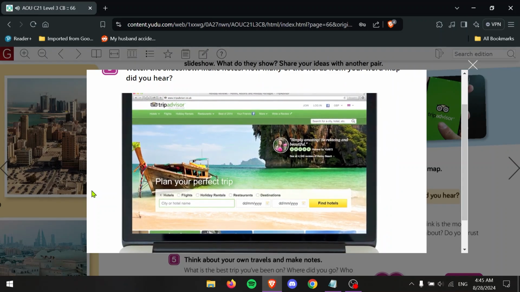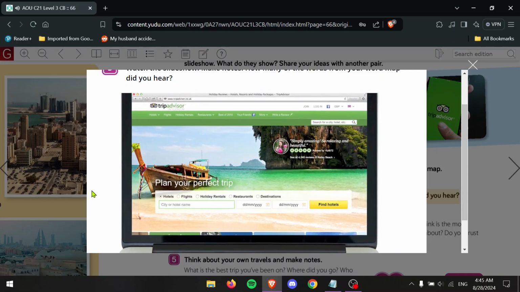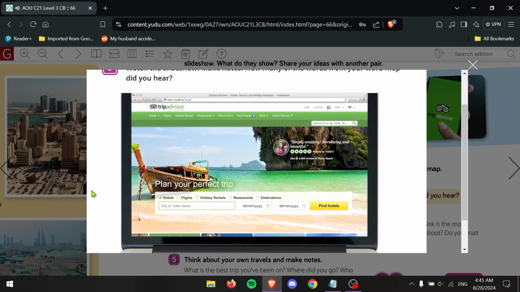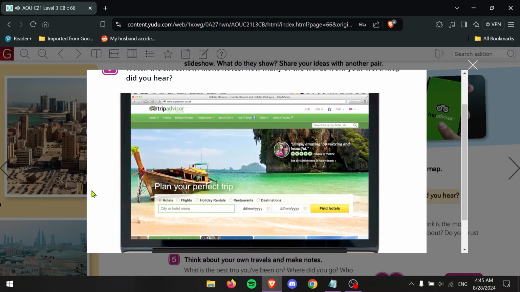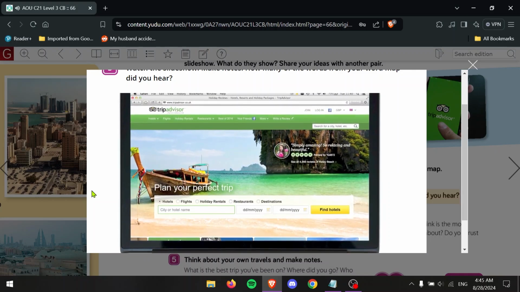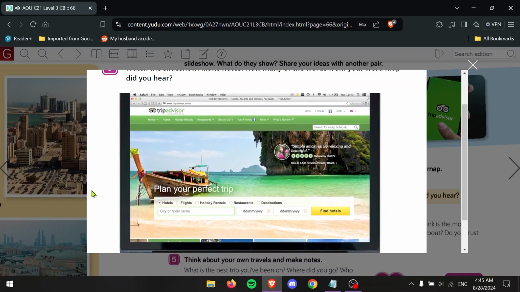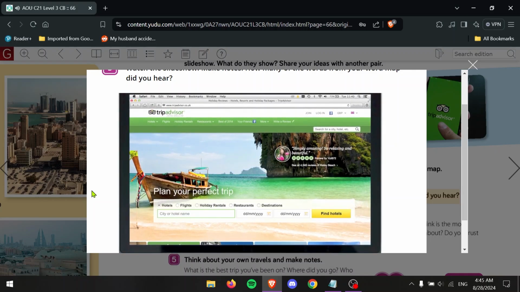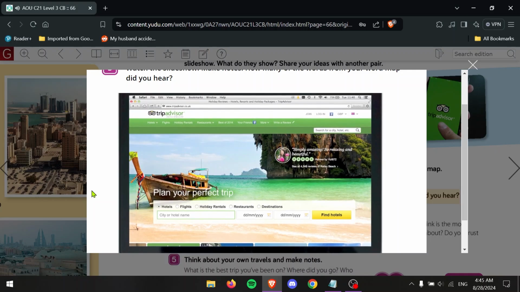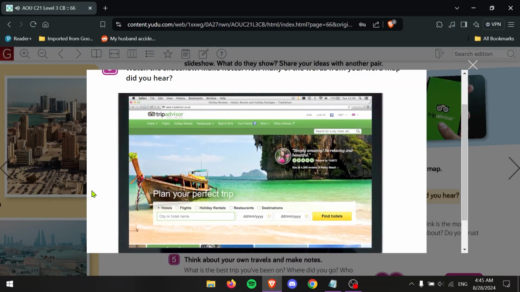These days, the first place many people look for travel information is online. Websites like TripAdvisor host millions of up-to-date reviews on hotels, restaurants, places to go, and things to do.